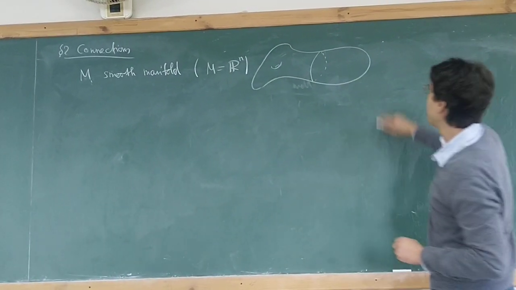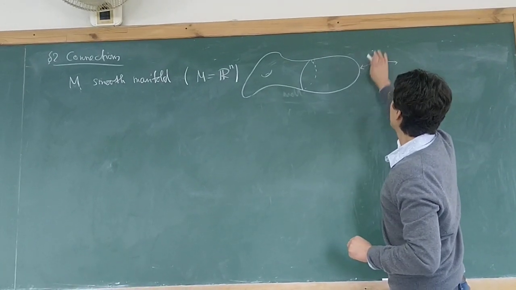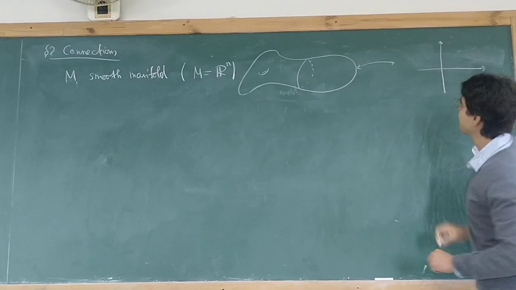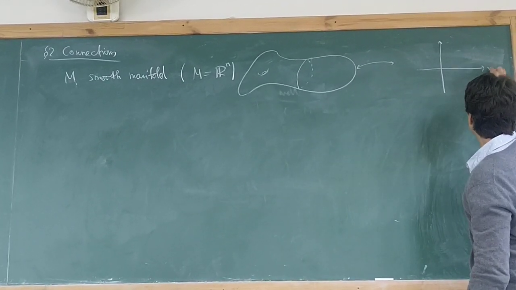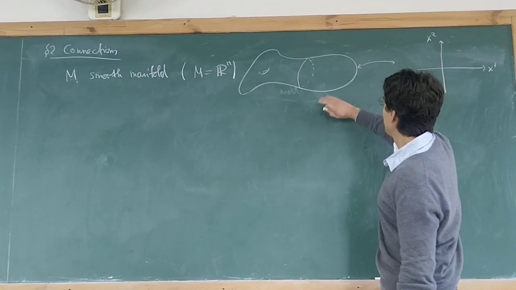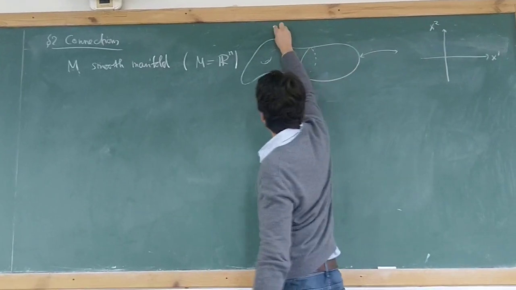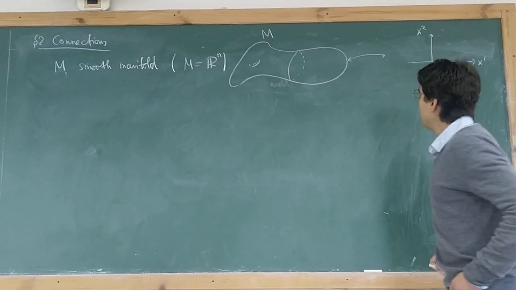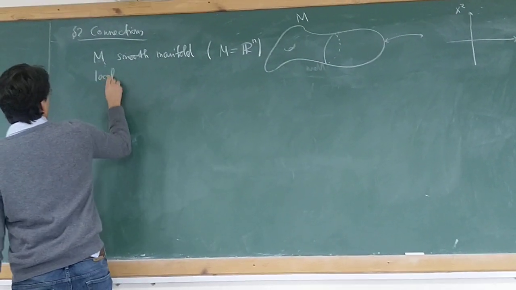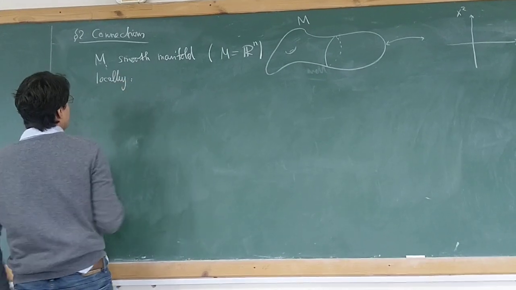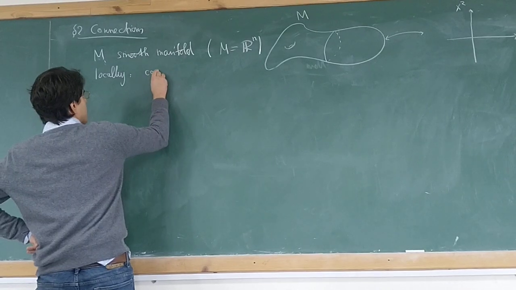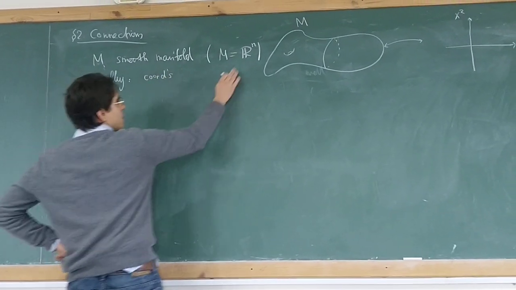But locally, you can always introduce coordinates. It's called a chart. X1, X2. And this is a picture of the entire manifold M. Locally, we have coordinates. Locally means on a sufficiently small open set. Coordinates, just as in the usual case of Rn.